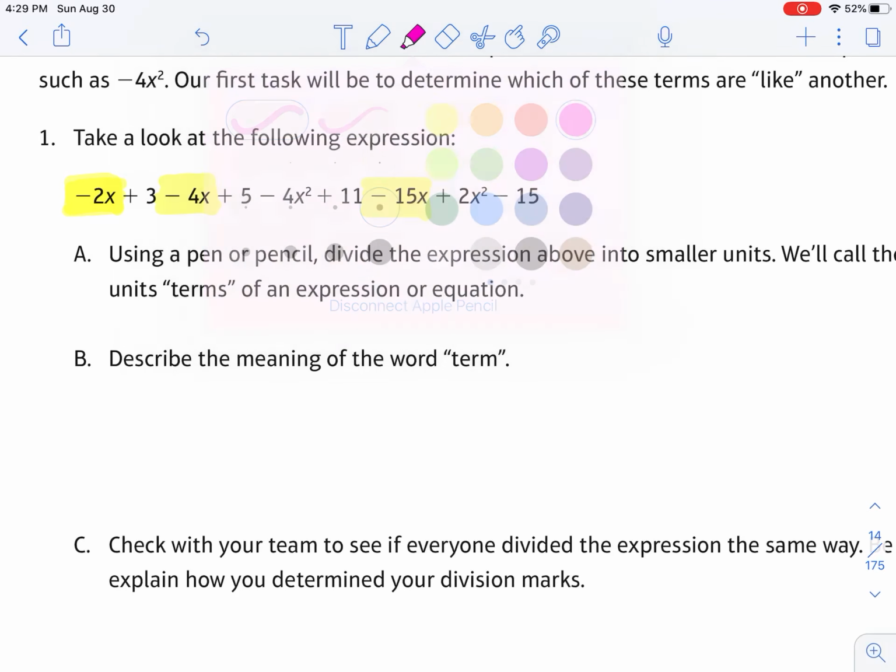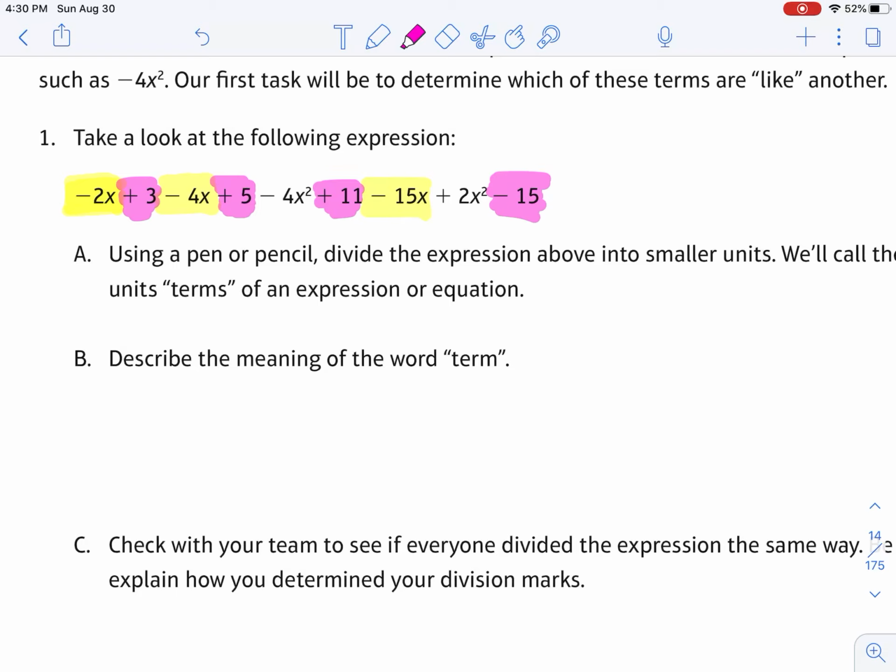So I'm going to go through again with a different color. This 3 is normal by itself. It can combine with the 5 that's normal by itself, but it cannot combine with the x squared. They are different terms. It can combine with the 11, which is a normal by itself number, but not with that 2x squared.